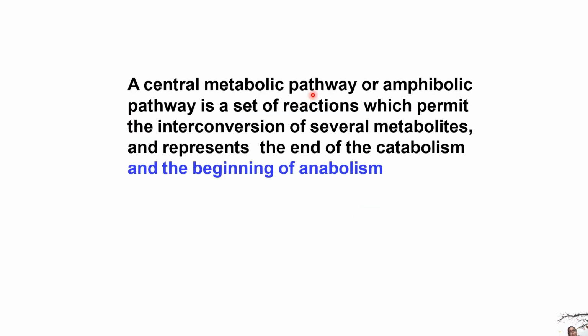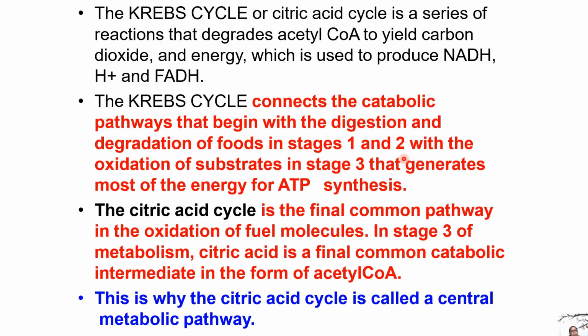Now, a central metabolic pathway and amphibolic pathway is a set of reactions which permit the interconversion of several metabolites and represents the end of catabolism and the beginning of anabolism. Correct? So it's a series of reactions that degrades acetyl-CoA to yield carbon dioxide and energy, which is used to produce NADH plus H plus and FADH2.